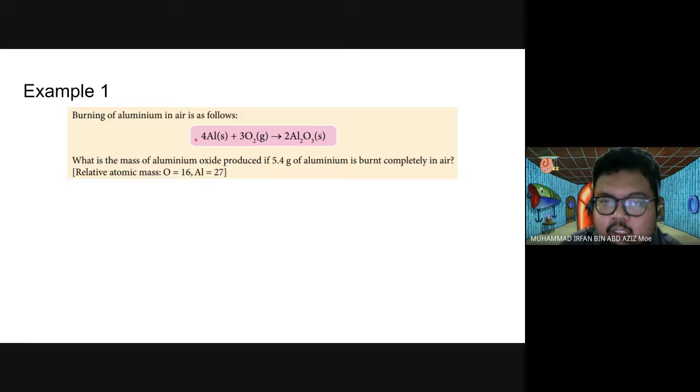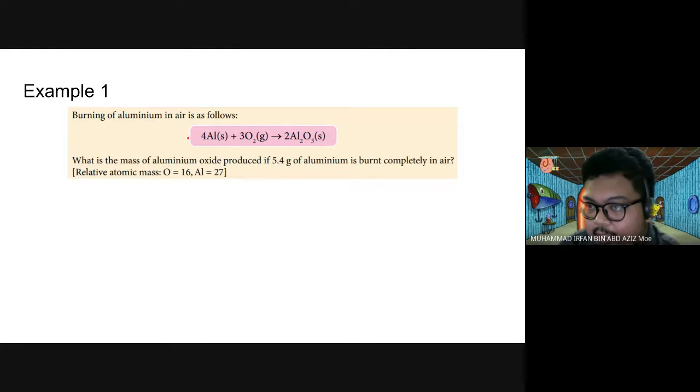So kalau question ask, kadang-kadang questions akan bagi chemical equation yang dah balance. Kadang-kadang questions akan cakap in word saja. Burning of aluminium. Aluminium burns in oxygen to produce aluminium oxide. So you need to tulis lah the balance chemical equations.